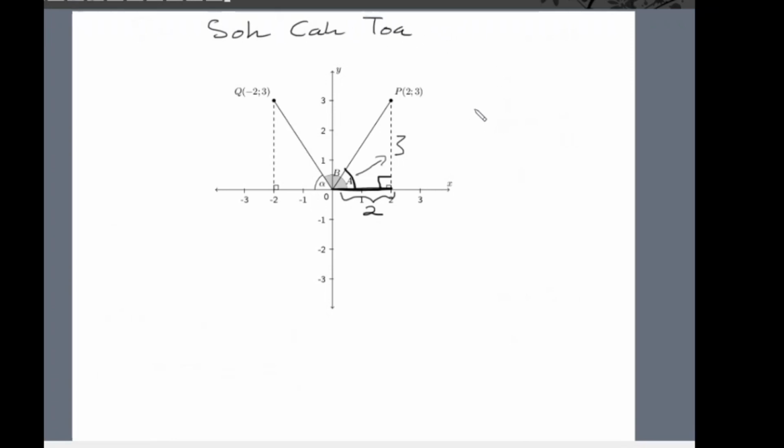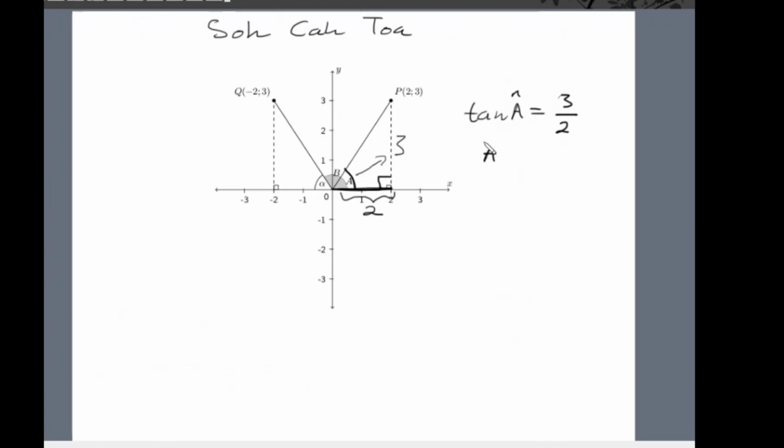So if you say tan of angle A, that is equal to opposite over adjacent. The opposite side is 3 and the adjacent side is 2.